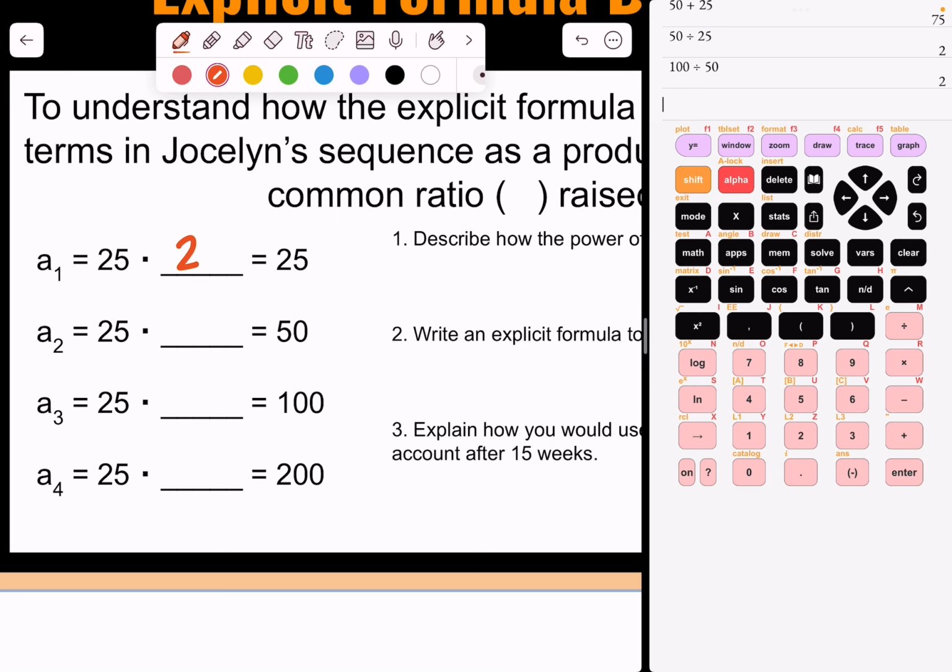She just multiplied it by 1, which means we would have an exponent of 0. Because 25 times 2 raised to the 0 power. She didn't double it yet on the first time. She didn't do anything. But then the second week, she doubled it 1 time. Then the third week, she doubled it 2 times. She doubled to get from here to here and here to here. That's 2 times. Then on the 4th week, she doubled it 3 times.